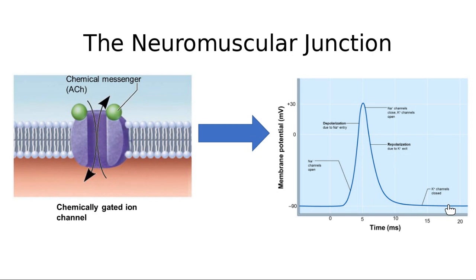Our favorite, or my favorite, salty banana, reminds us that sodium comes into a cell, making the membrane charge go up. Potassium leaves the cell, making the charge go down. What starts the process of muscle contraction is a chemical messenger, specifically the chemical acetylcholine.